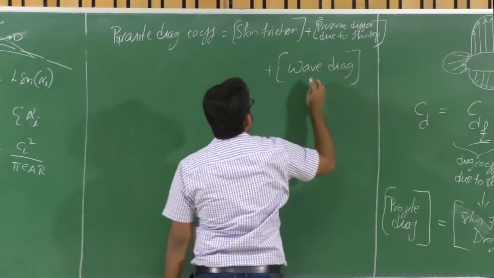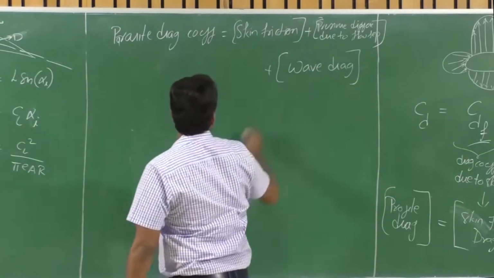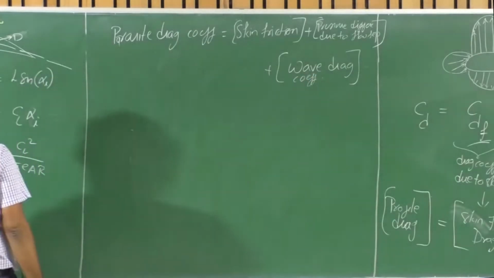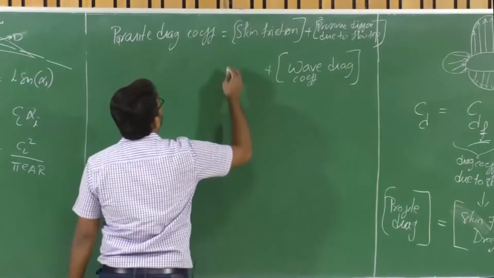Drag coefficient due to shock loss. Okay. So all three put together are called parasite drag coefficient, right?